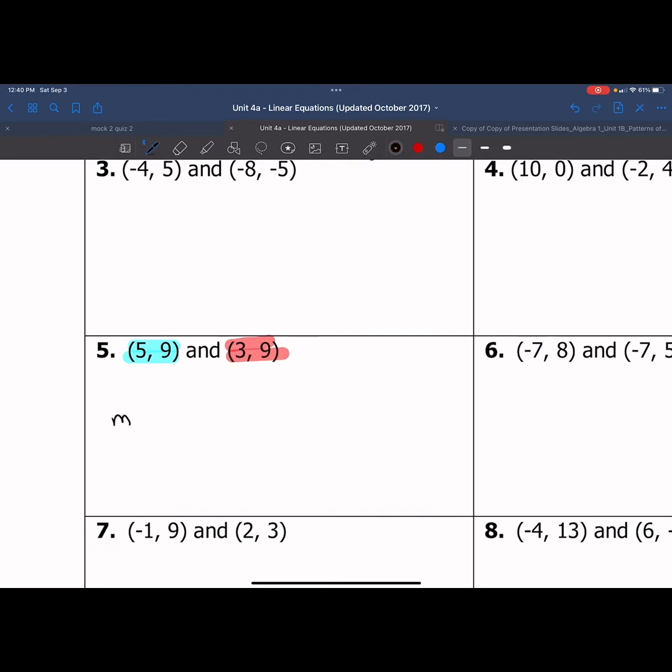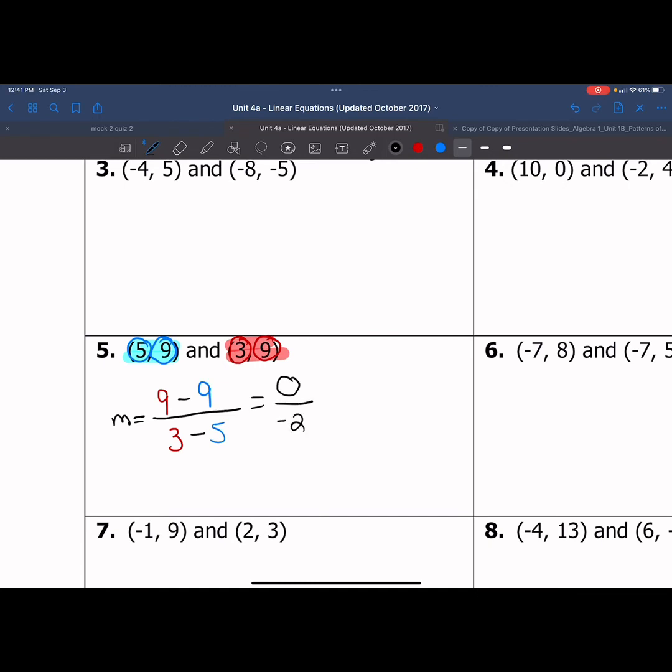I have m equals, so y2 is my y in my second point, which is 9, minus my y in my first point, which is 9, over my x2, which is 3, minus my x1, which is 5. So what we're going to do here, 9 minus 9 is 0. 3 minus 5 is -2.